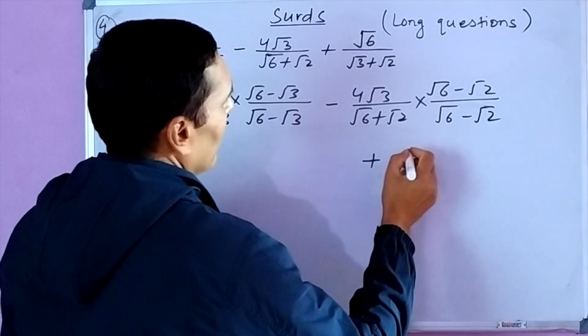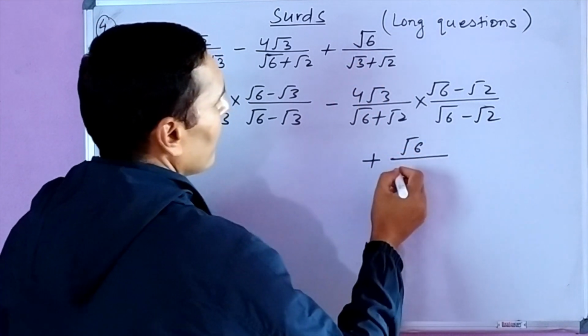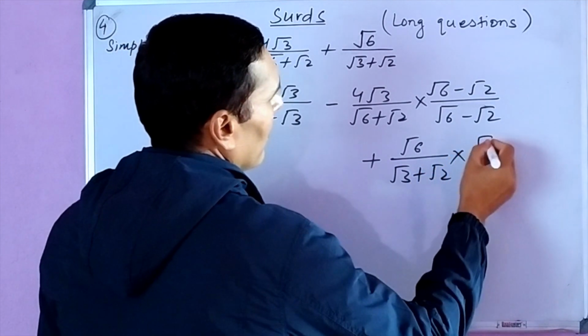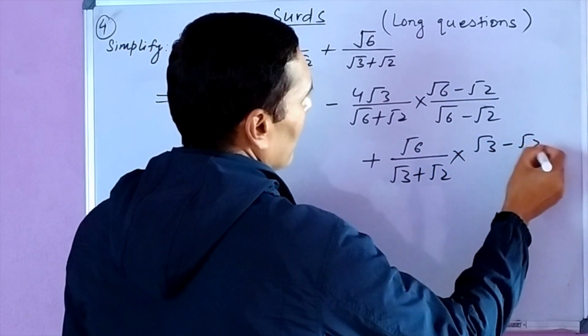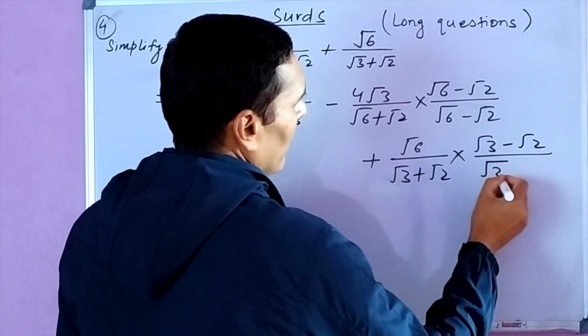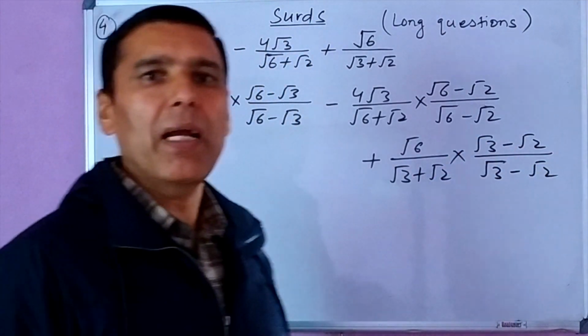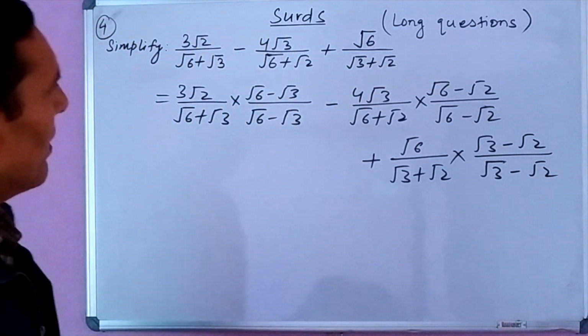Similarly, the third term, root 6 upon root 3 plus root 2 into root 3 minus root 2 upon root 3 minus root 2. So in this way, every term is multiplied with the conjugate of the denominator.